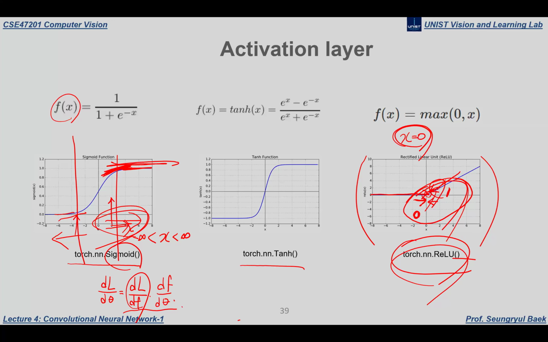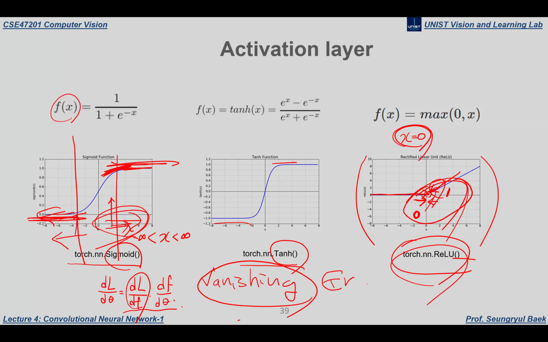And this direction will be similar. If we use tangent hyperbolic, that is also similar. Because of that, if the architecture becomes deep, you will later learn about this vanishing gradient phenomenon, which means the gradient simply becomes zero if the gradient value is very small.